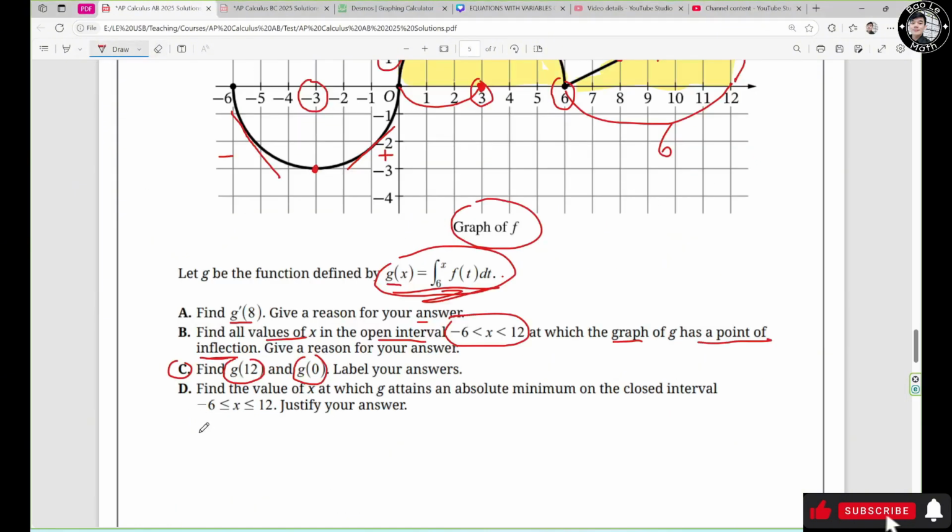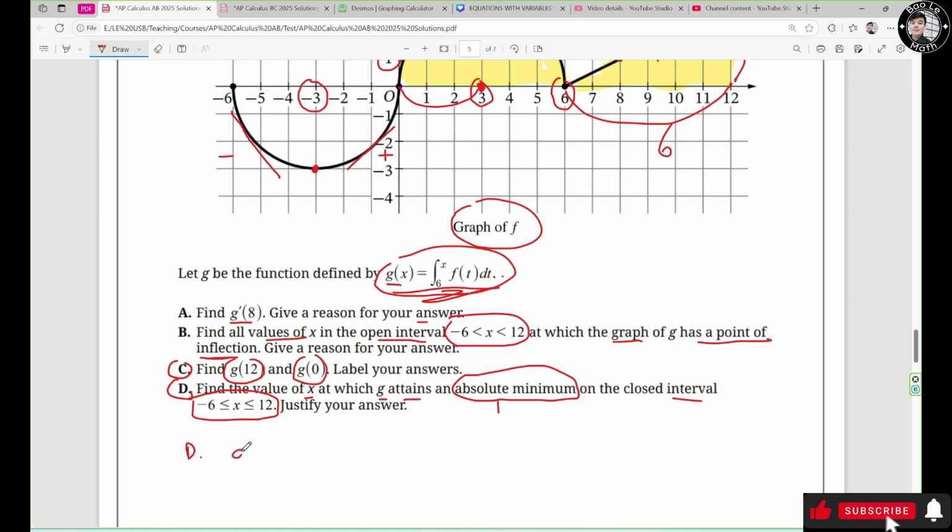Now let's move on to question D. Find the value of s at which g attains an absolute minimum on the closed interval -6 to 12. Alright, so when it comes to absolute minimum, maximum, increasing, decreasing, you need to use the first derivative, right?